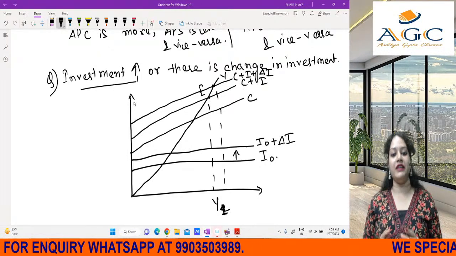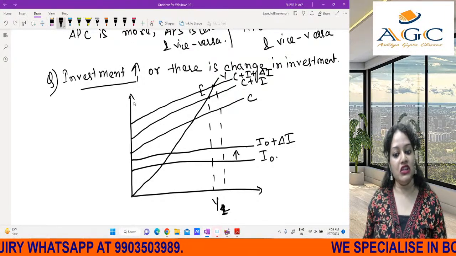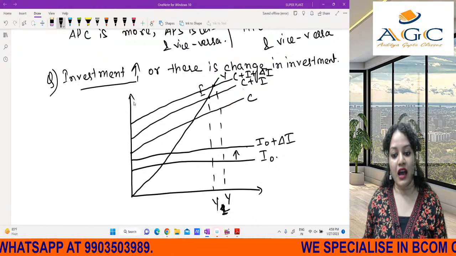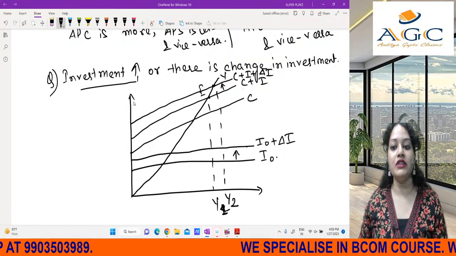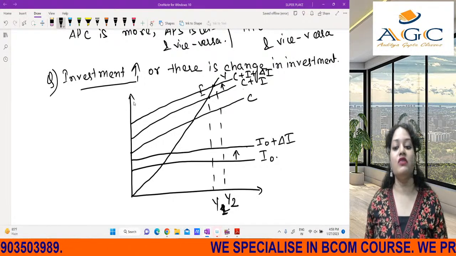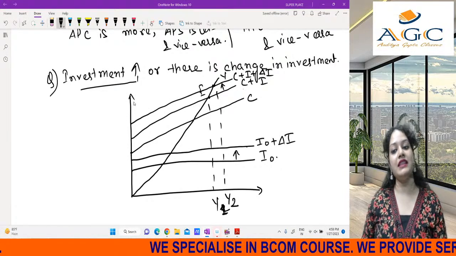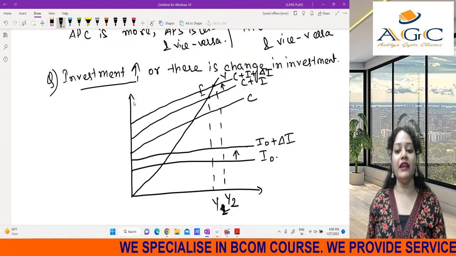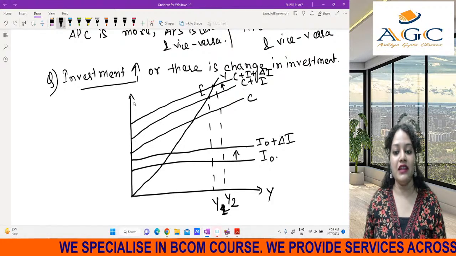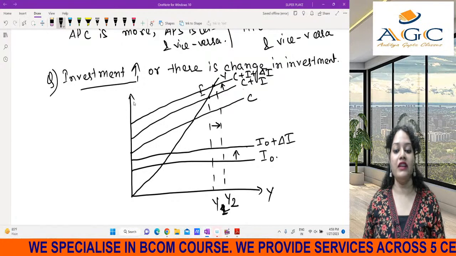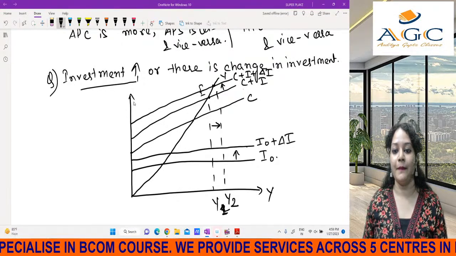You have to show what your initial income is, and after there is a change in investment, what has happened to your C plus I line, right? So when your investment has increased, our total line of C plus I will also increase, right? So first our equilibrium level of income was Y1, and then it increased and went forward to Y2. So our national income basically increased.